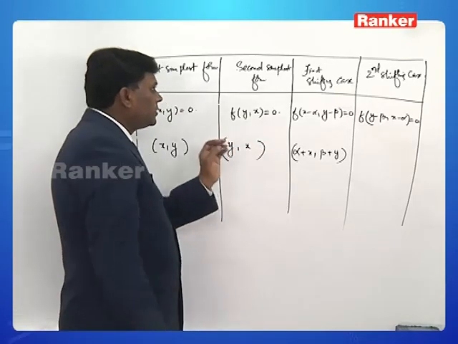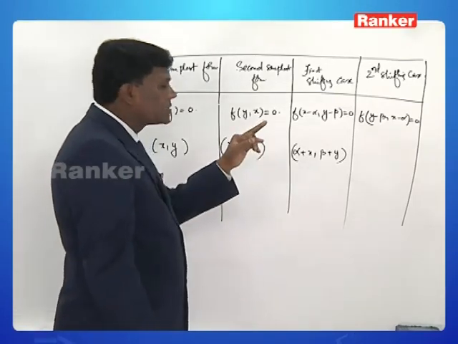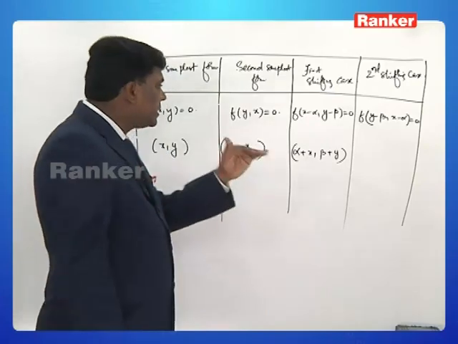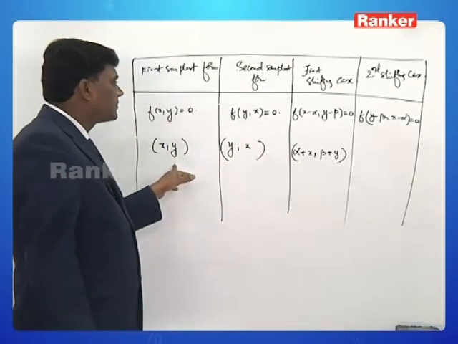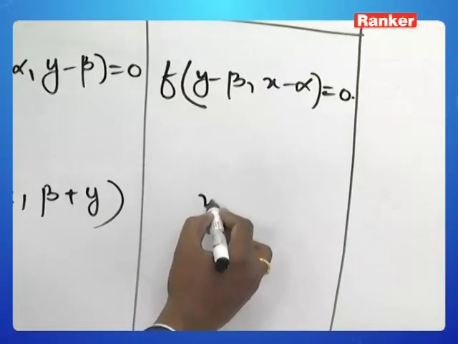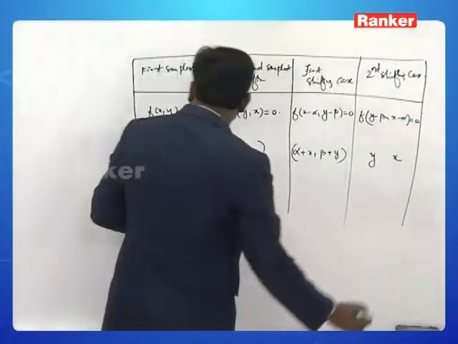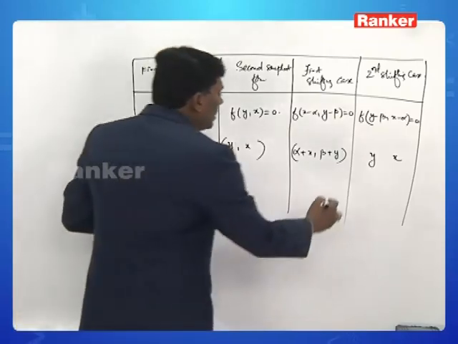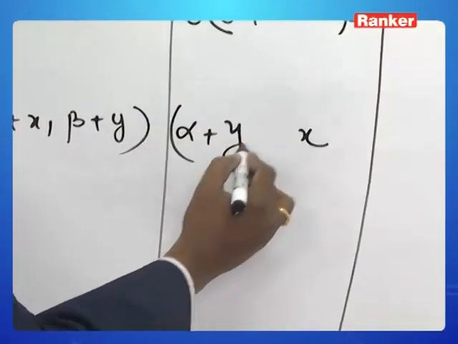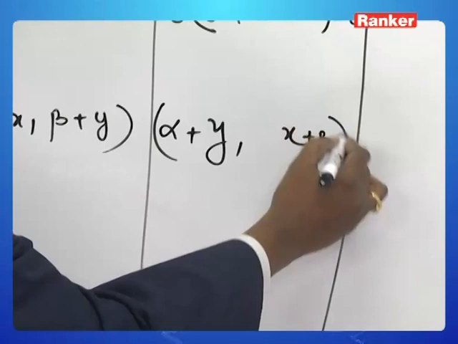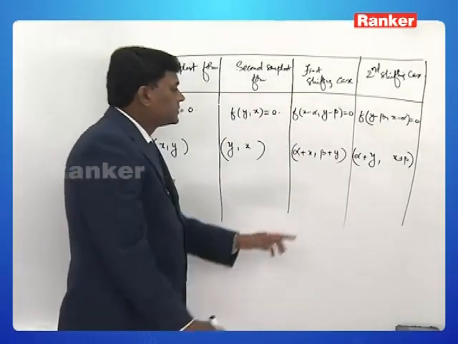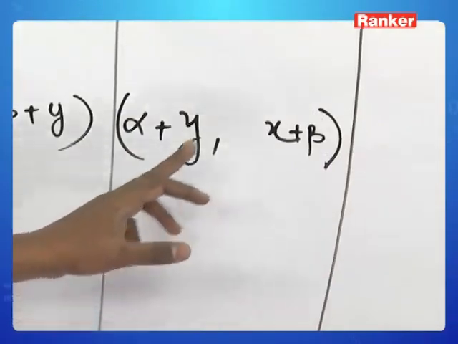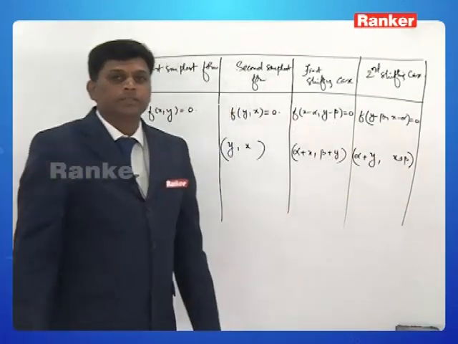Now, the last one: when you are using the second shifting case, for any formula related to points, we interchange first. X and y will be interchanged, then added by alpha and beta respectively. This should be added by alpha and this should be added by beta.